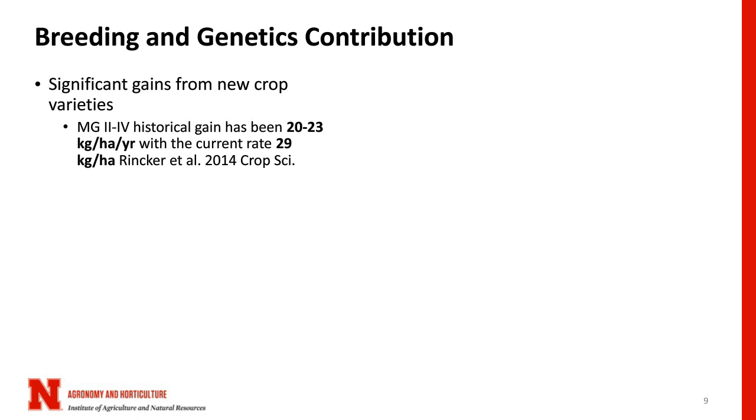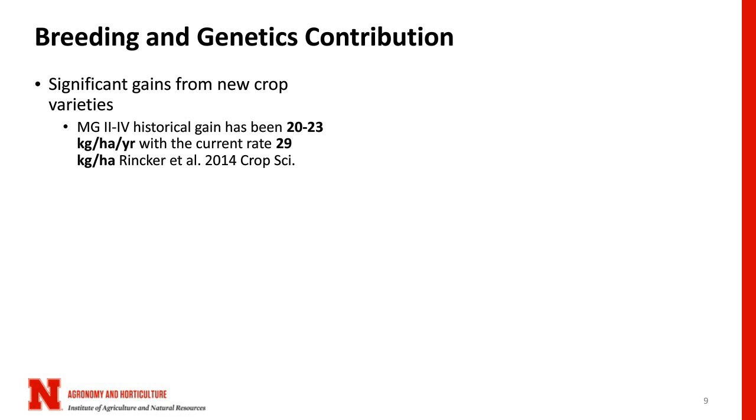How much of that genetic gain that we see in these on-farm yield gains is new genetics? What they saw is that historical gain in at least maturity groups 2 and 4 in soybeans was 20 to 23 kilograms per hectare per year, with the current gain rate about 29 kilograms per hectare.